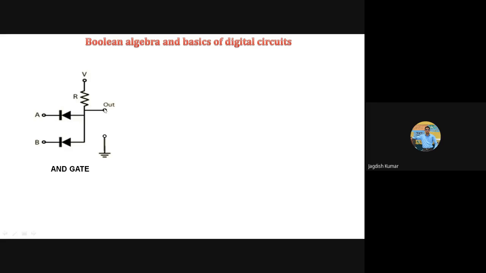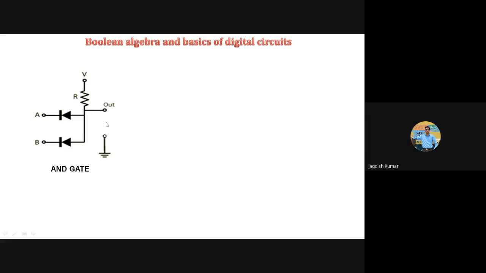Whenever the N end of any one of the diodes is low, the output will be 0. That is what explains the AND operation.